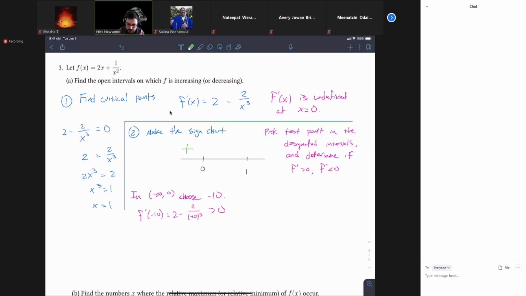In this interval, 0 to 1, we're going to pick something in there and see what happens. If I choose something inside the interval 0 to 1, it's going to be some fraction that's less than 1. I cube it, I get another fraction that's less than 1. Then I take 2 and divide it by that fraction.